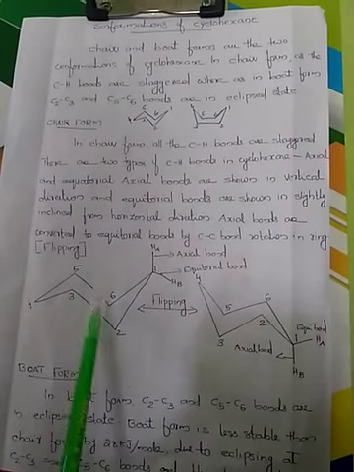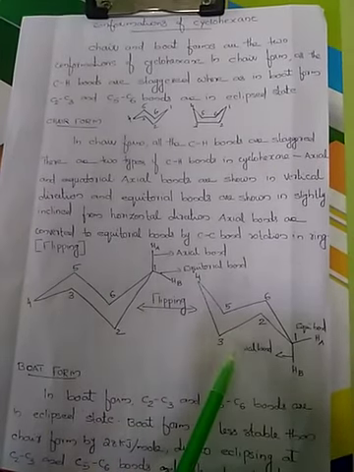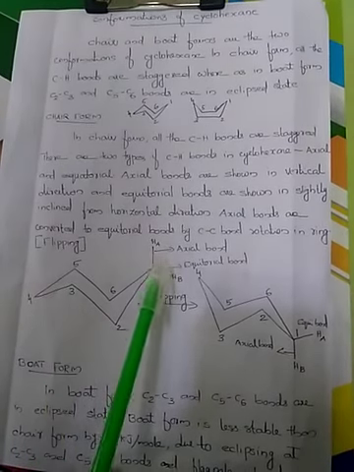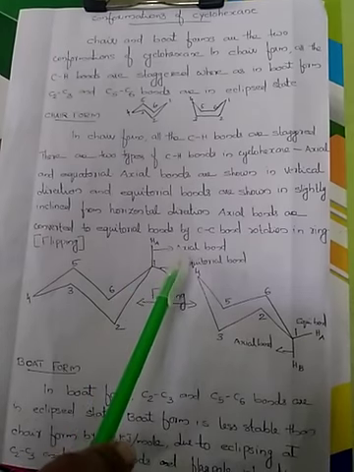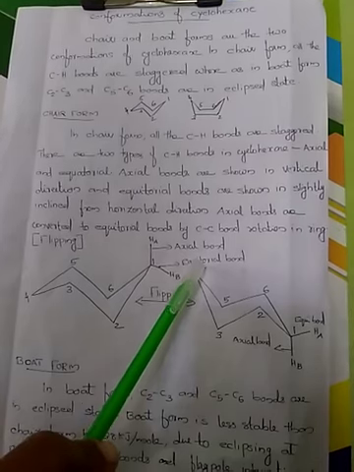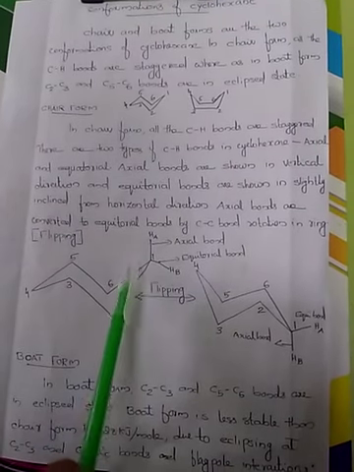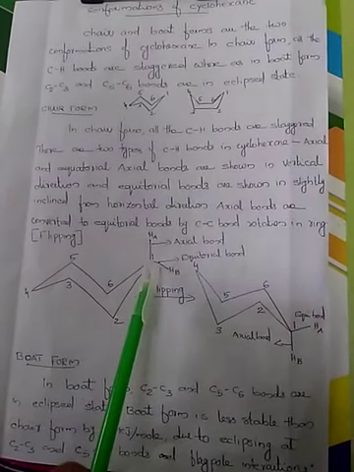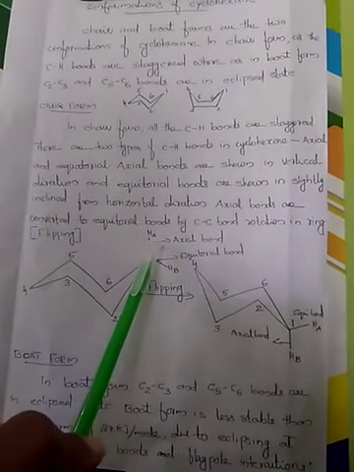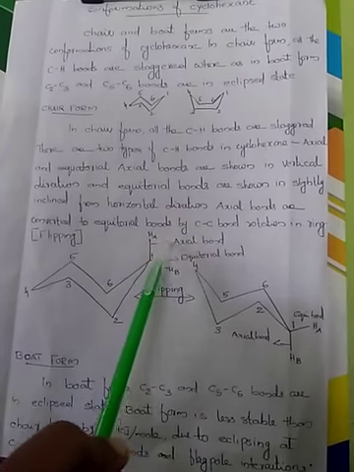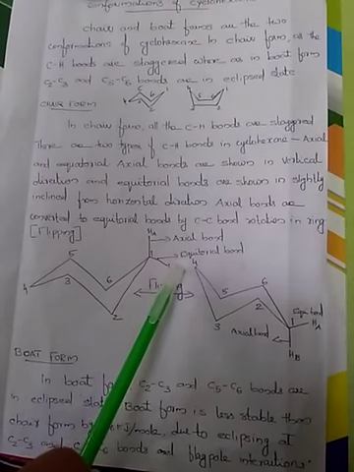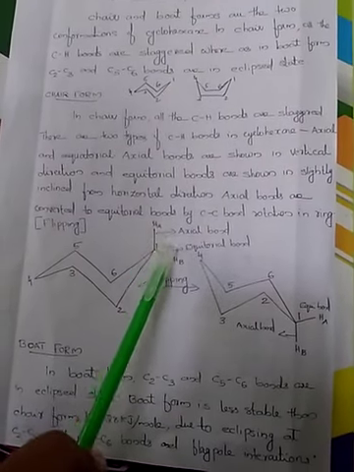These two are the different chair forms of cyclohexane. In the first chair form of cyclohexane, you can see HA is placed in the axial position and HB in the equatorial position. If we take flipping in the first carbon atom, this HA axial position is converted to equatorial position and HB placed in the equatorial position is converted to axial position.